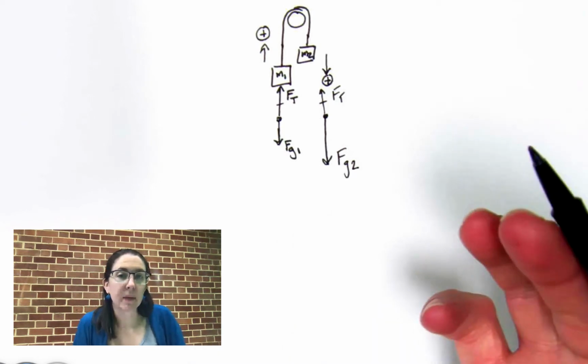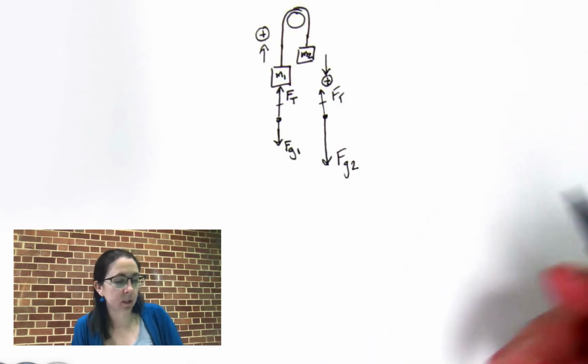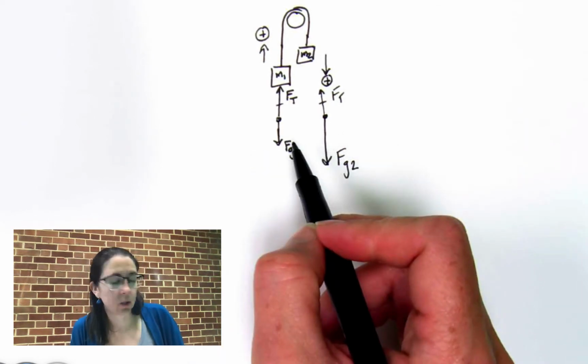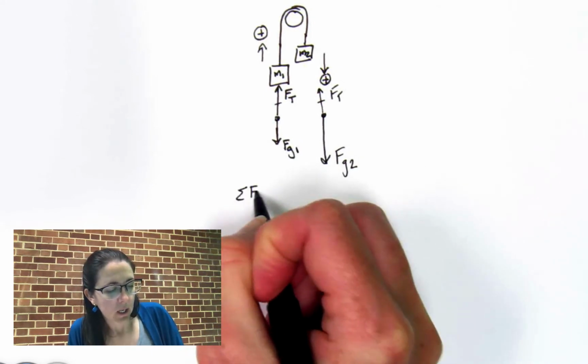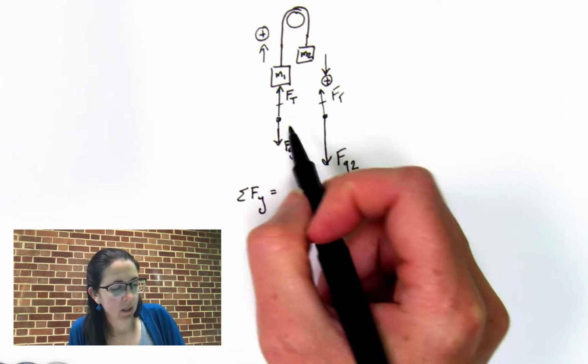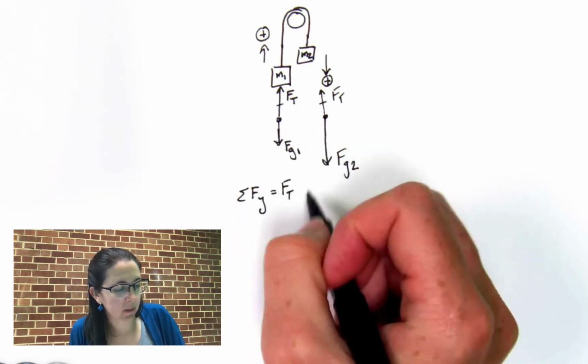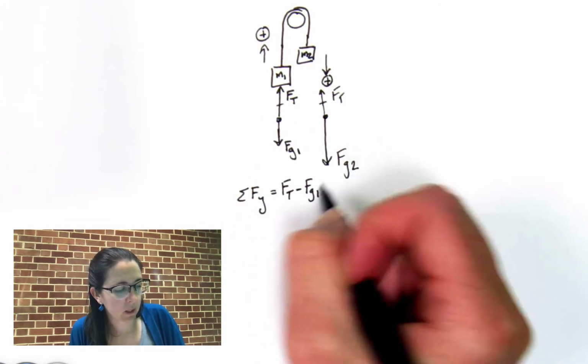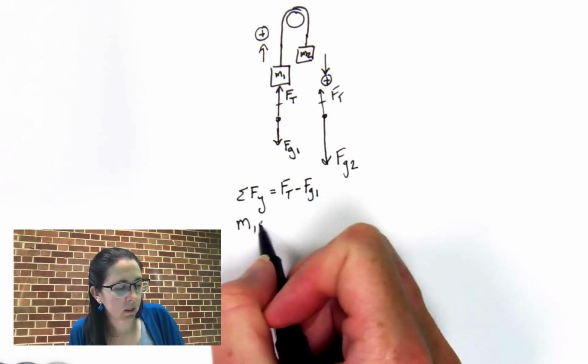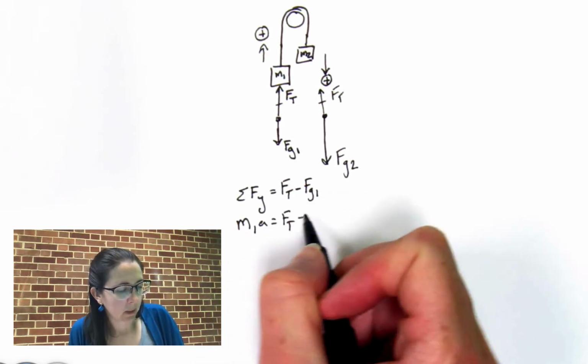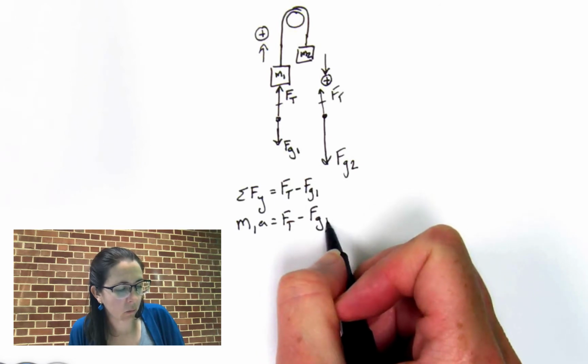The idea is that we're going to sum the forces. There is no x direction, so we're just going to sum the forces in the y direction. For mass 1, we get the force of tension going positive, and then the force of gravity on 1, so M1A is the force of tension minus the force of gravity on 1.